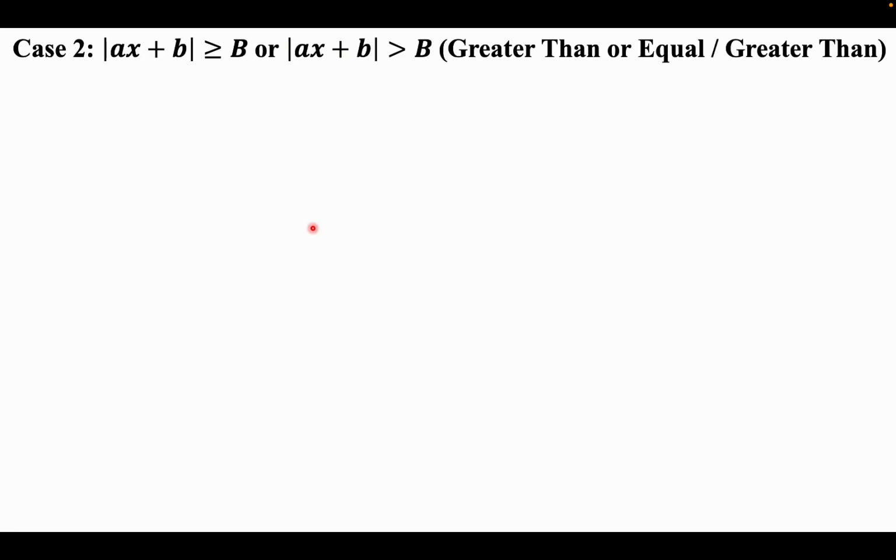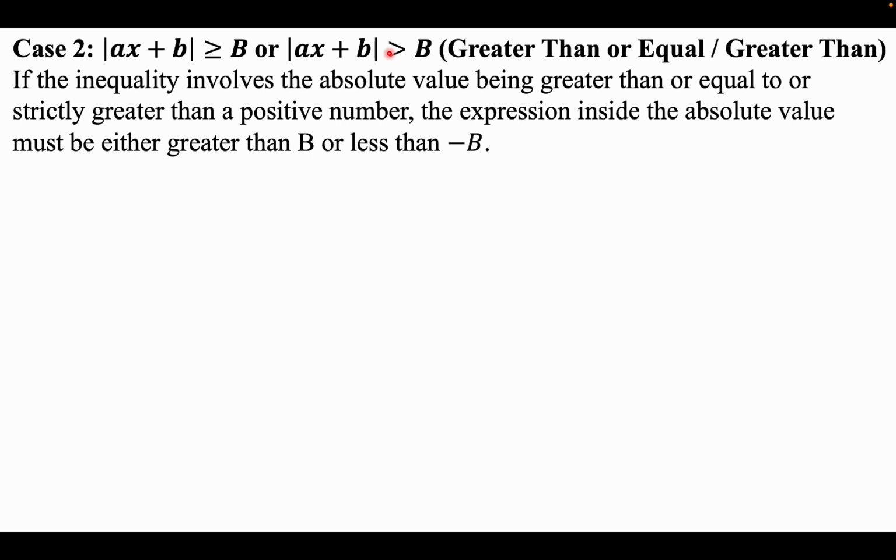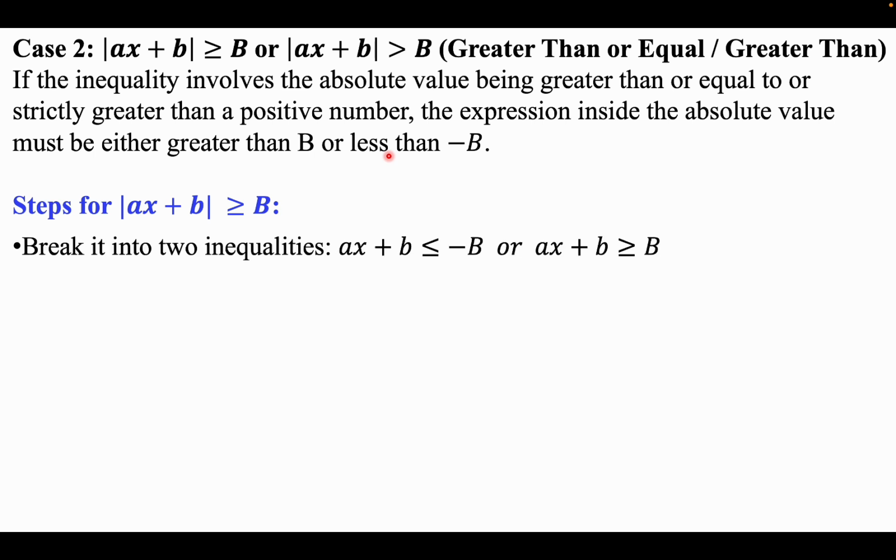Case 2 is, what if you have a greater than or equal to symbol, or a strictly greater than symbol? Then the expression inside the absolute value in this case must be either greater than b or less than negative b. And here's what it looks like. Once you isolate the absolute value, if it has the symbol greater than or equal to and then a positive number, you break it down into two inequalities.